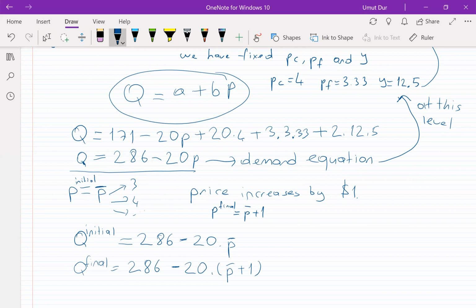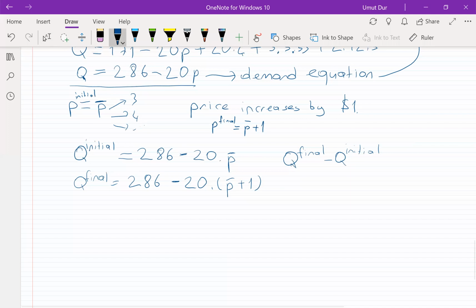Now I would like to see what is the effect of increasing the price of this beef by $1. Basically, what I'm interested in is Q final minus Q initial, and I can find that relation very easily. I'm just subtracting the first equation from the second one.